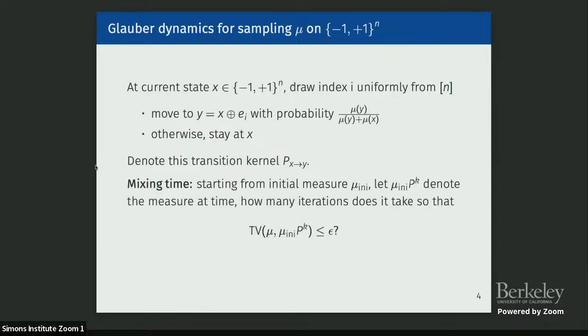In the mixing time analysis, given some initial measure, you apply this transition kernel k times and get a measure at time k, and you want to understand how large k needs to be so that your measure at time k is close to the target measure in total variation distance.